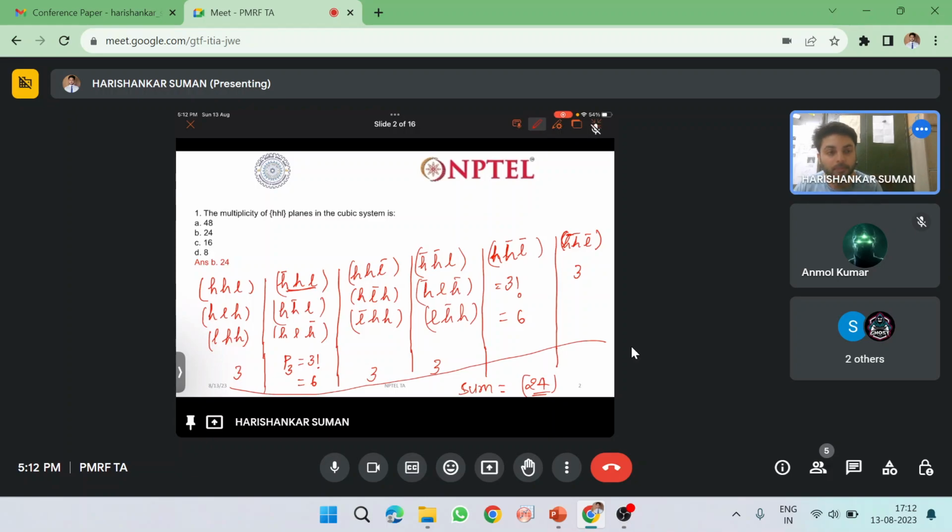Are you interested? So we can arrange planes like that. So this is the 24 combinations. So multiplicity is 24. Clear? Can I move forward?